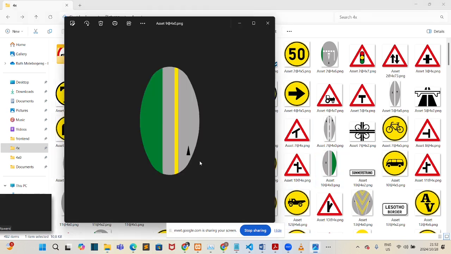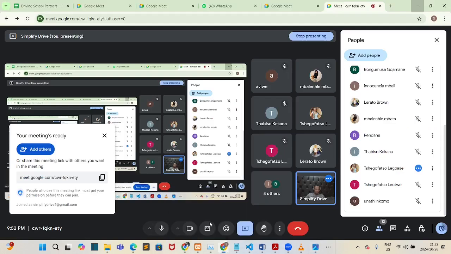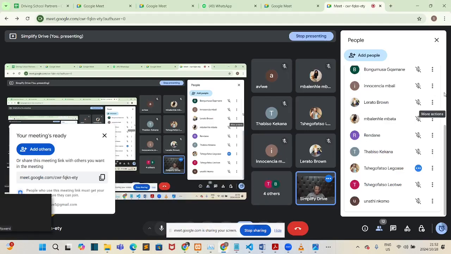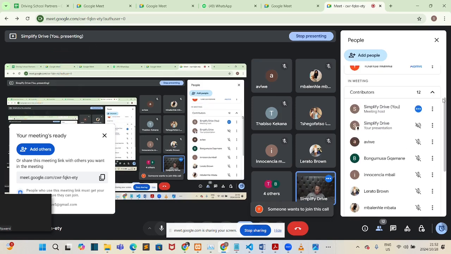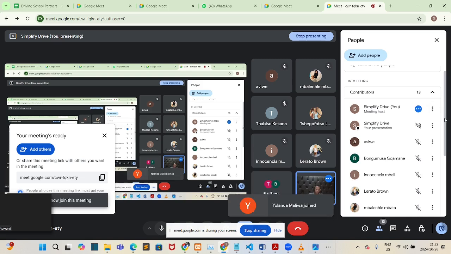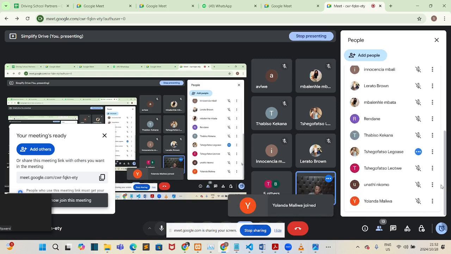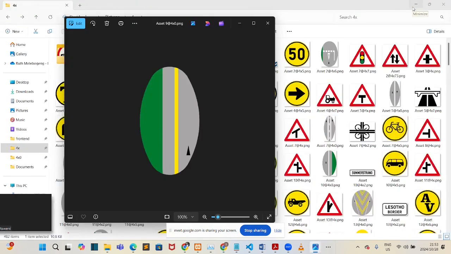Given this marking, let's see who we are giving that to. All right. Unati, you are given that route marking, right? What should be done when you come across this left edge line marking?